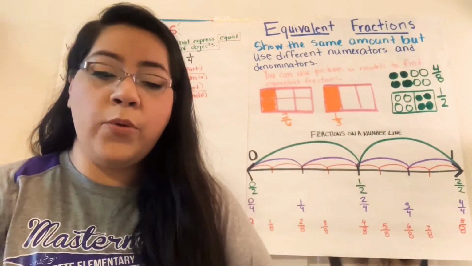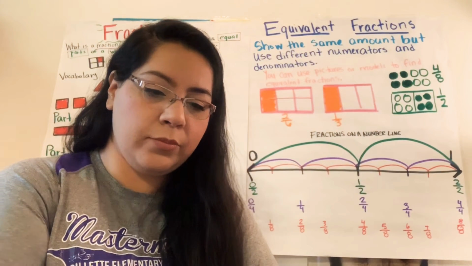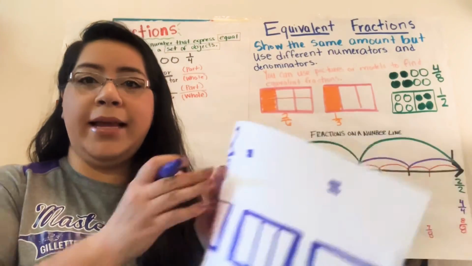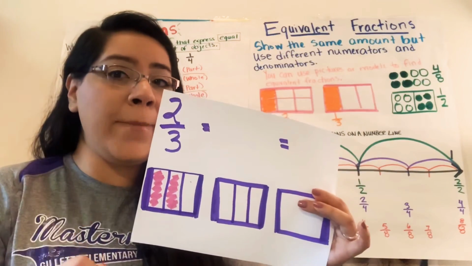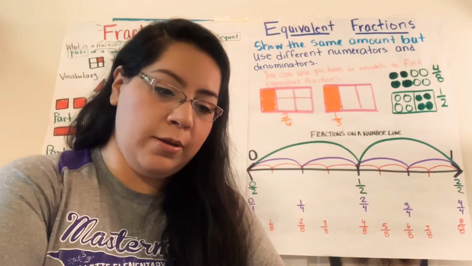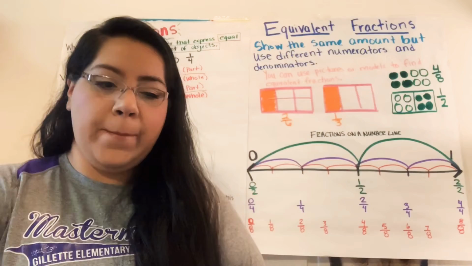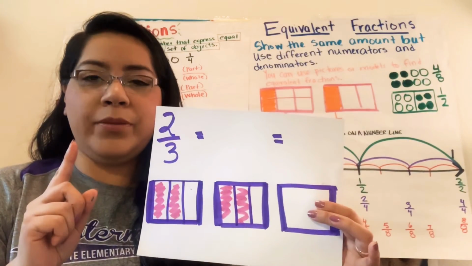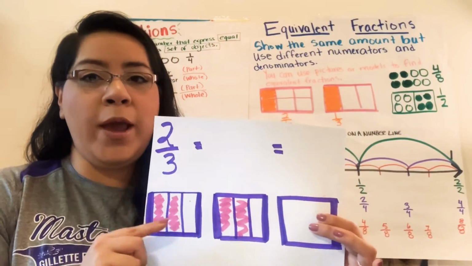So what I'm gonna do first is I'm gonna add my lines again. And if I go ahead and shade in the same amount of area, 1, 2, but it's still the same thing. But I say, wait a minute, all I have to do is divide it up in a different way.